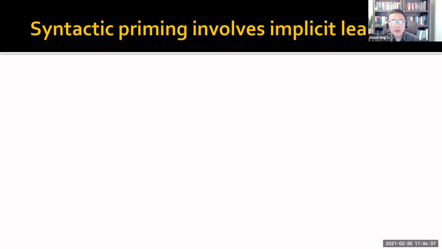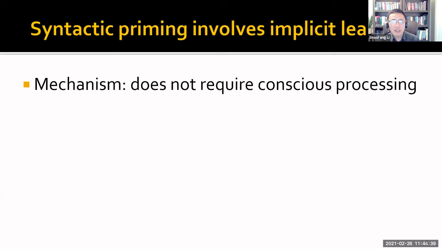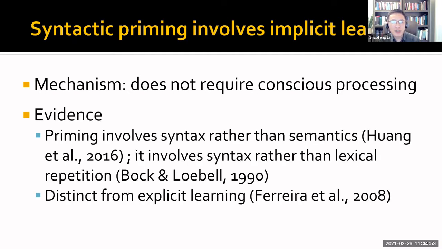Okay, so researchers argue that syntactic priming involves implicit learning because it does not require any effort for conscious processing and retrieval of information. And there is evidence showing that syntactic priming indeed involves implicit learning.